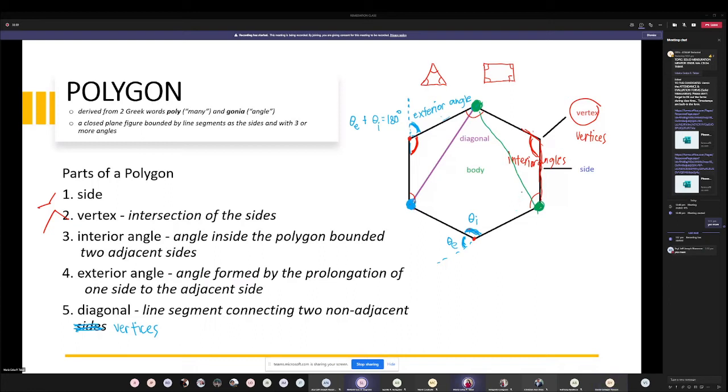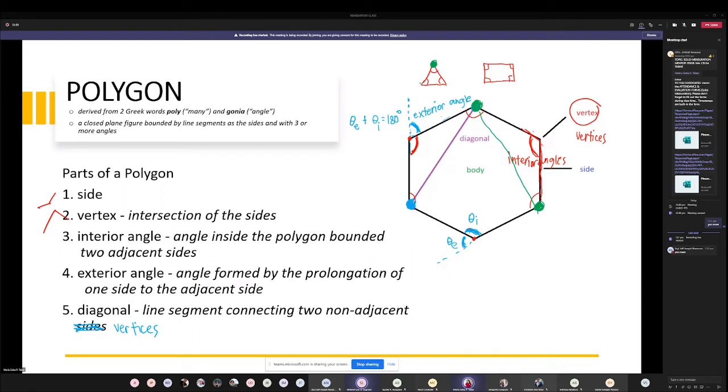So we can have more than two diagonals, or at least zero diagonals. As you can see for a triangle, if we take this vertex, there are no vertices that are not adjacent to this vertex. All the other vertices are adjacent to it, so we cannot form a diagonal.